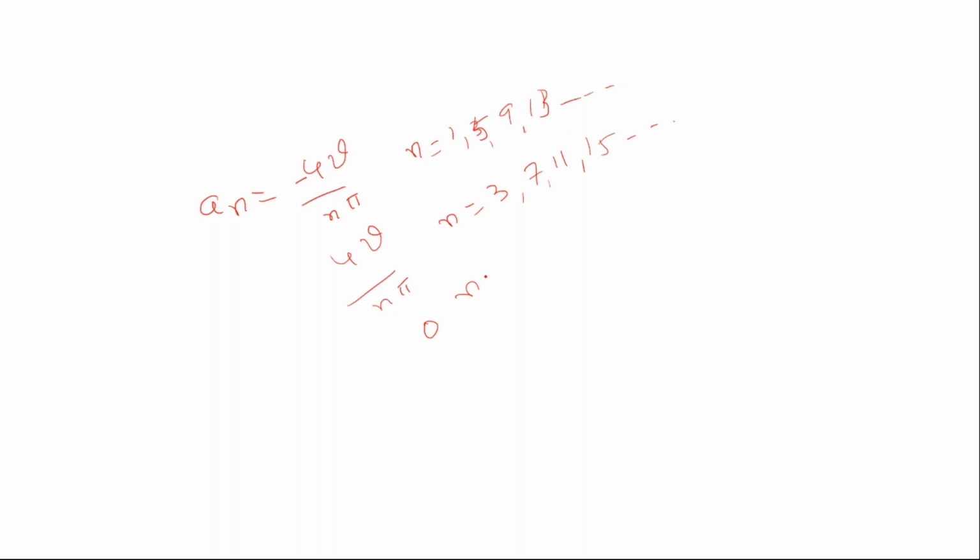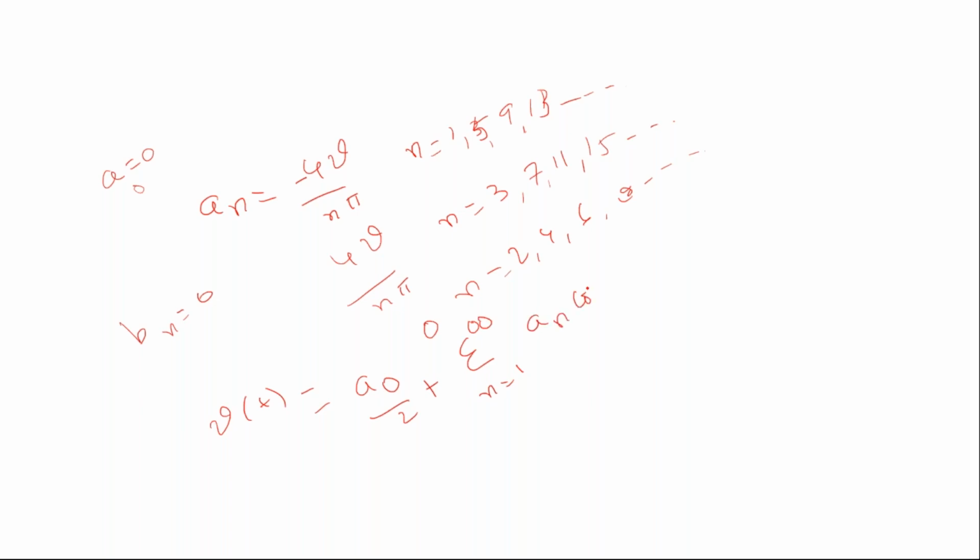And it is 0 when n equal to 2, 4, 6, 8, and so on. Now, your A0 is 0, already we calculated it. And if you do the same thing for Bn, your Bn is also 0. So the Fourier series V of t for the problem, which you can write as A0 by 2 plus sigma n equal to 1 to infinity An cos n omega t plus Bn sin n omega t. You have to write it.